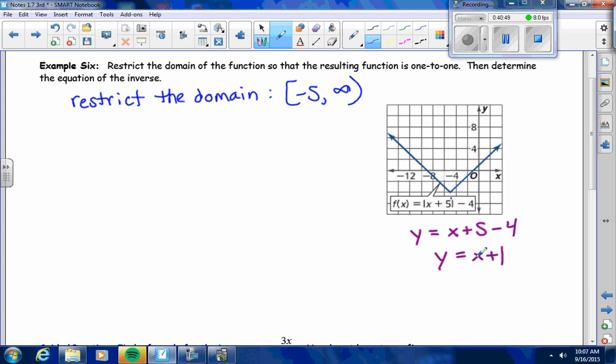So that's my function with the restricted domain. Now I need to find its inverse. Finding the inverse, I swap x and y. So x equals y plus 1. Subtract 1, y equals x minus 1, and that's the inverse.